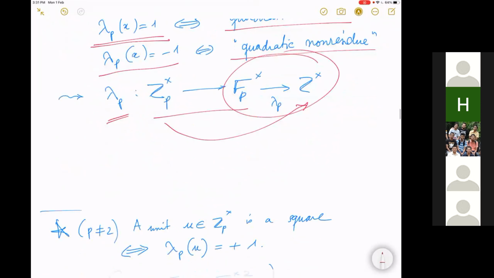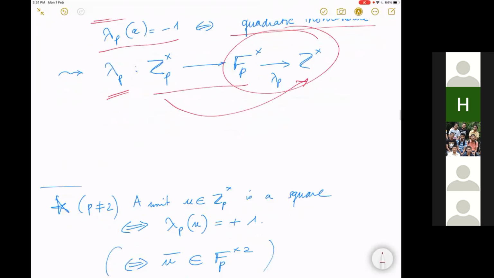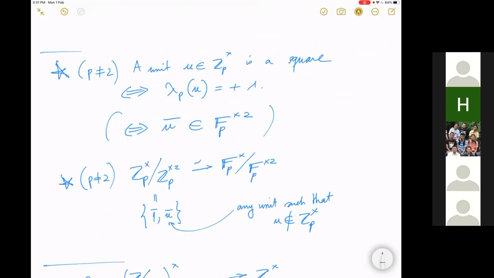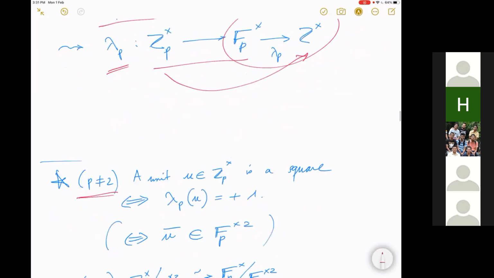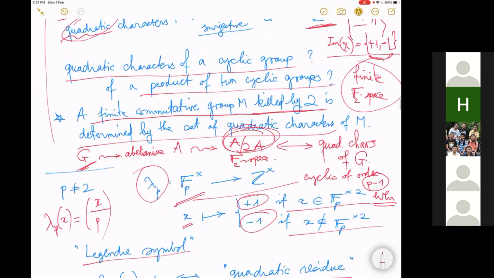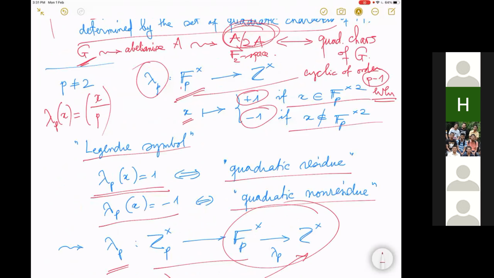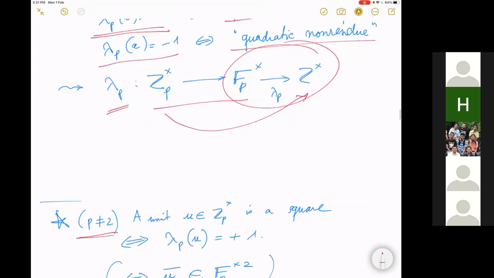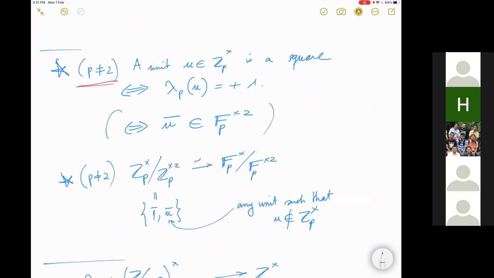So here is a small observation, which assumes that even to define lambda p, we had assumed that p is different from 2. For p equal to 2, this lambda p doesn't make sense. F2 star is trivial and therefore doesn't have any quadratic characters. So if p is different from 2, and if you have a unit u, it's a square. Square means that it belongs to ZP star squares.